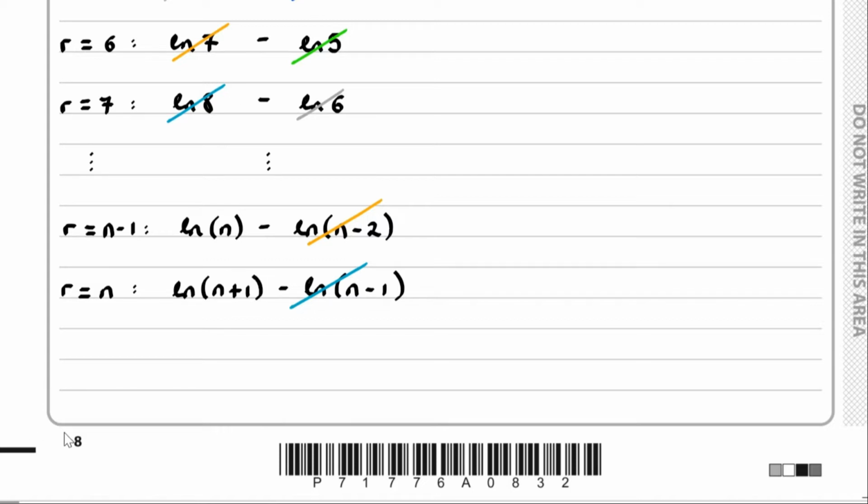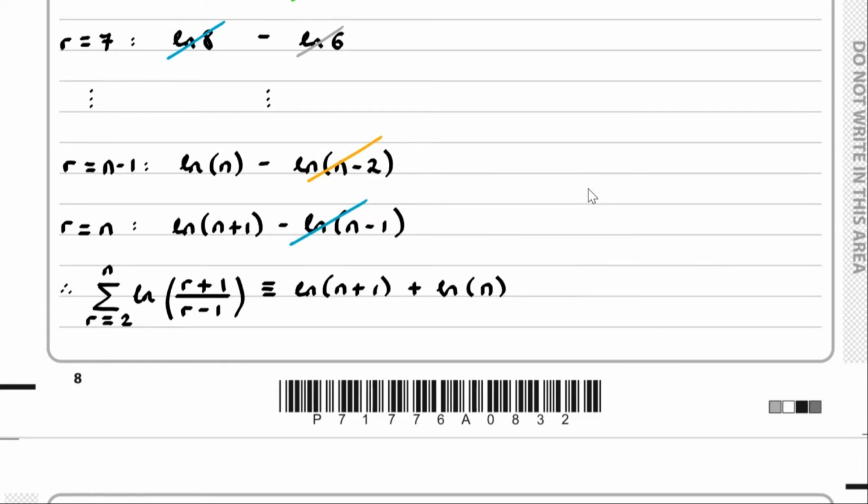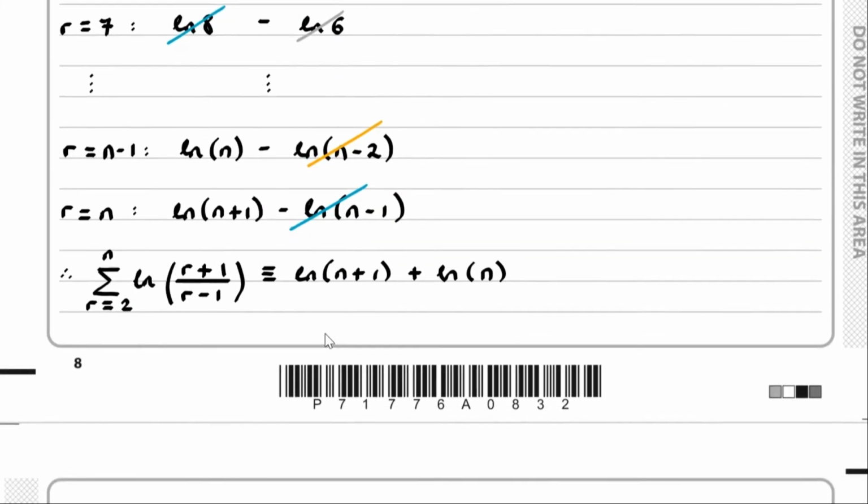So therefore, what we can see then, the sum from r equals 2 to n of the natural log of r plus 1 over r minus 1, we've got this result being equivalent to, well, I've got the natural log of n plus 1 plus the natural log of n, and then I've got minus the natural log of 1 and then minus the natural log of 2.